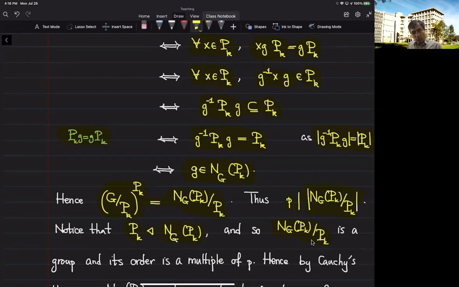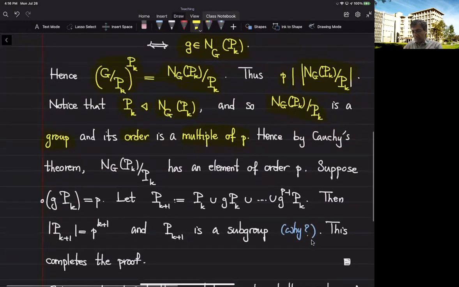Now this is a group and its order is a multiple of P. Therefore, I can use Cauchy's result again. I can use Cauchy's theorem for this quotient, and by Cauchy's theorem, this quotient has an element of order P.